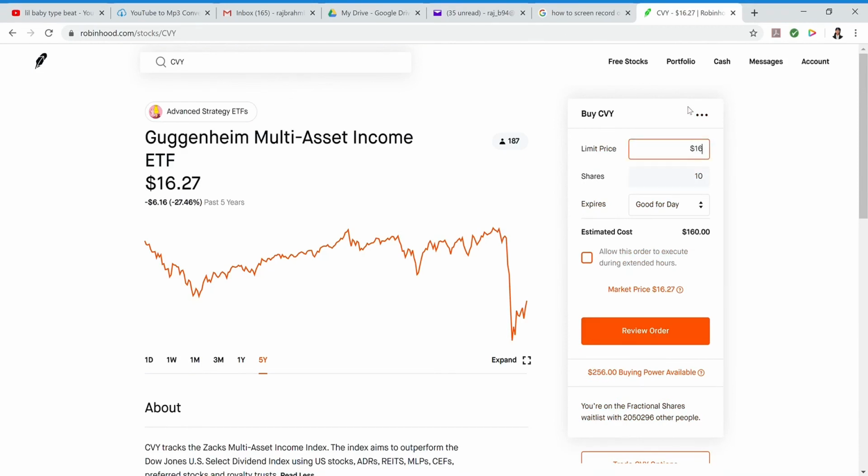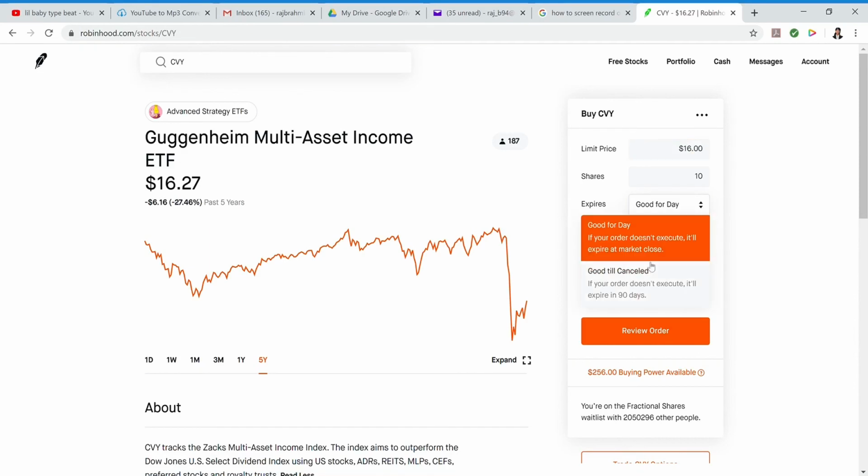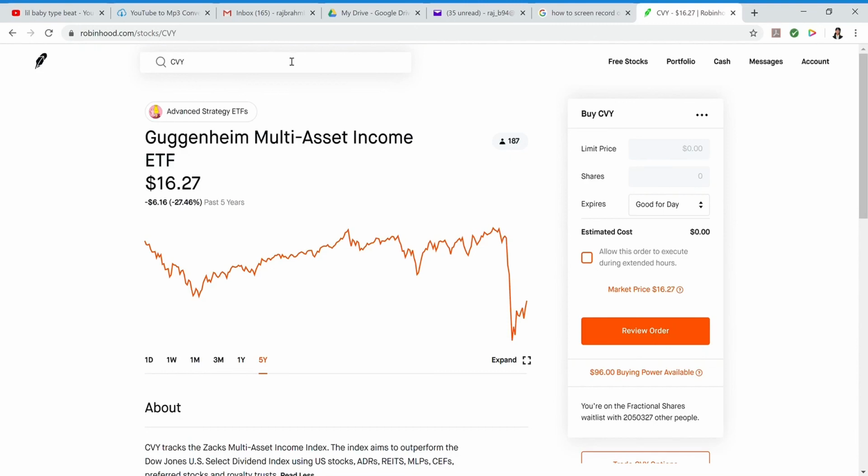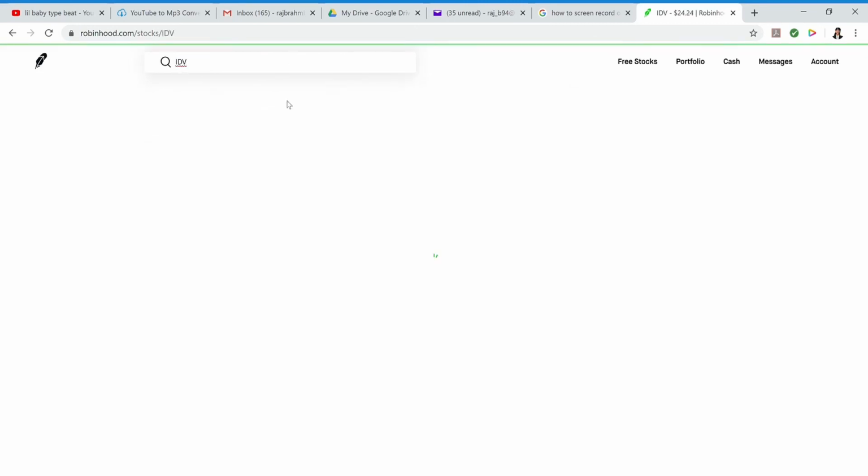It's at $16.27, so I'll probably just try to buy it at $16. Good till cancel. Again, that puts the order in for 90 days. The point of the limit order is basically that it's only gonna go into effect once the market price hits the price that you want to buy it at.